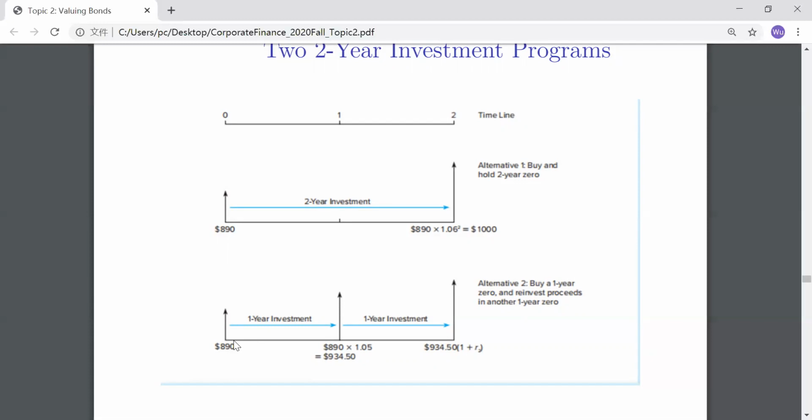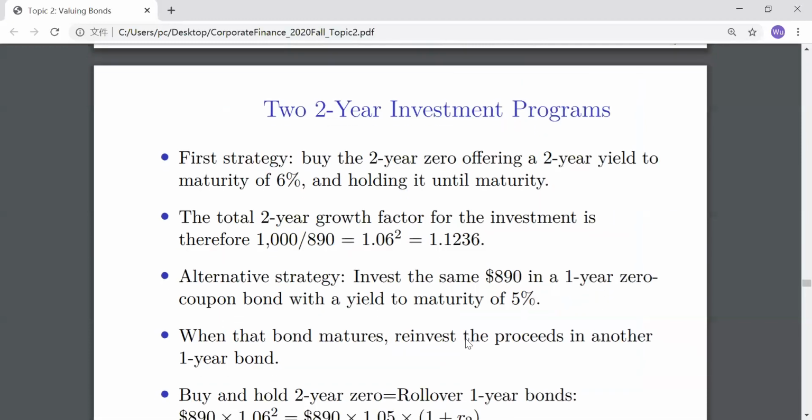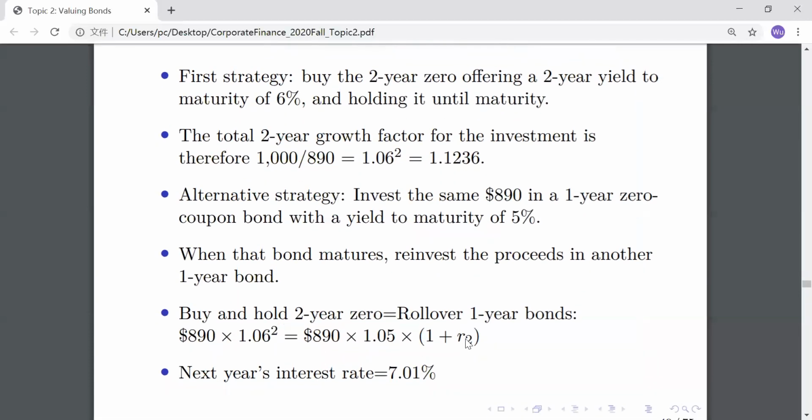Previously we talked about the competitive market. The competitive market ensures that these two strategies should provide the same rate of return. So 1,000 should equal this one here, and we can solve for R2. Buy and hold the 2-year zero should equal rolling over 1-year bonds.